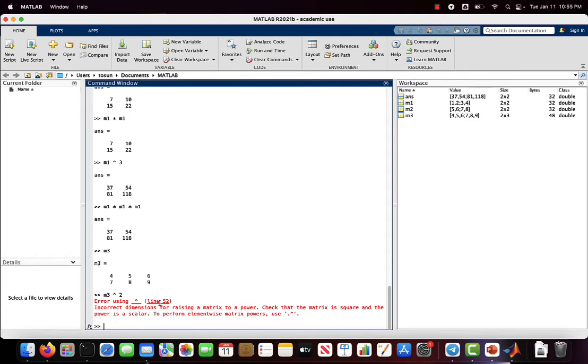Right now we use m3 as a first matrix and m3 as a second matrix, and the column count of m3 is 3, but the row count of m3 is 2, and they are different. This is the why of that error. We can't multiply these dimensions.